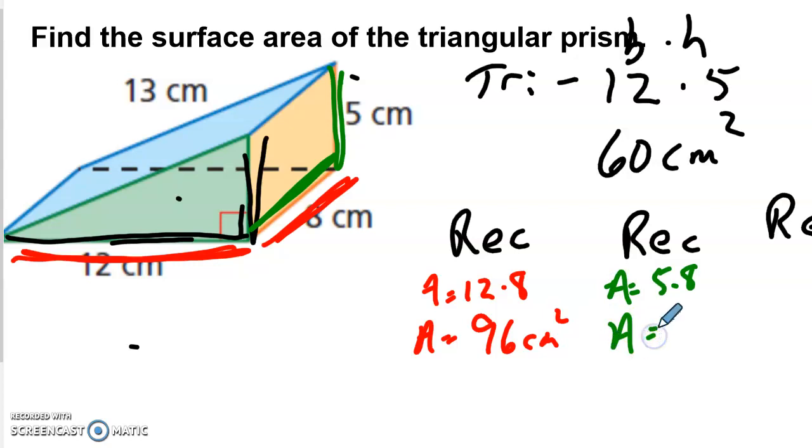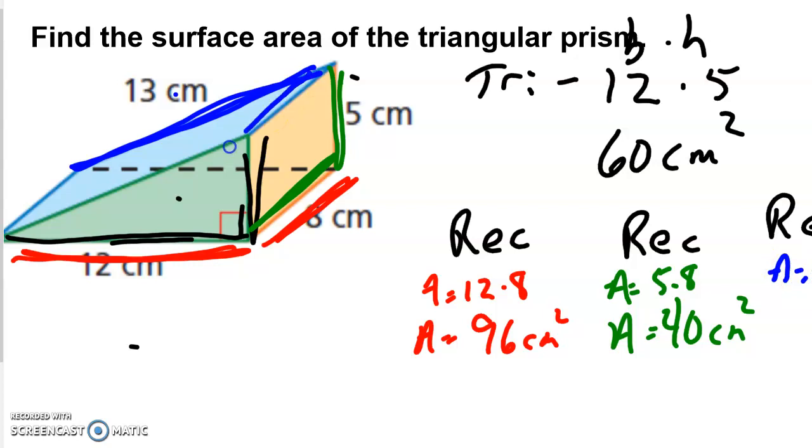And that ends up being 40 centimeters squared. Now my last rectangle is this one. So it's this side, which is the 13, by this. Or you can do it down here if you want. They're the same thing. That also matches the 8. So 13 times 8, we end up with 104 centimeters squared.